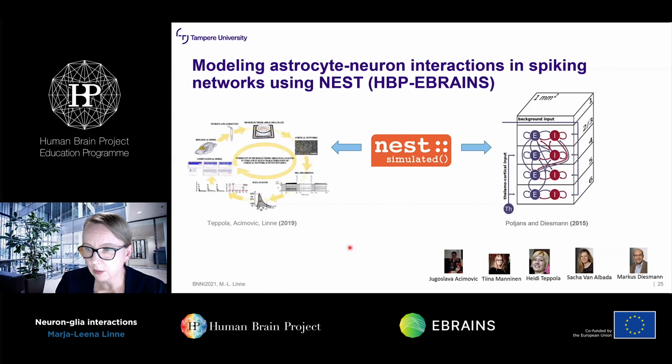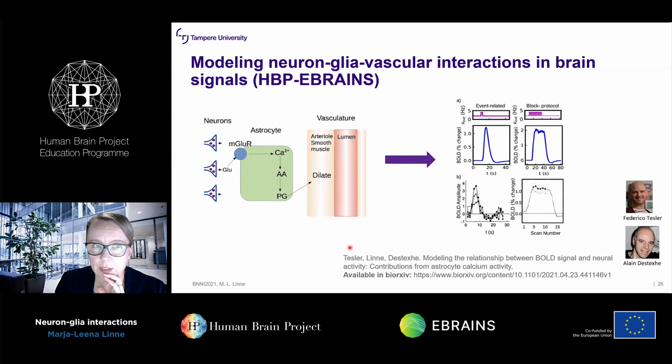This is work with Markus Diesmann and Sacha van Albada and my group. And there is another study in the HPP EBRAINS context where we model neuron-glia-vascular interactions in brain signals, together with Federico Tesler and Alain Destexhe.